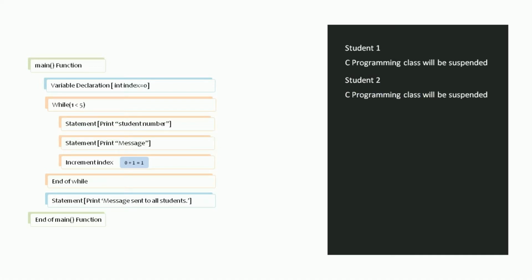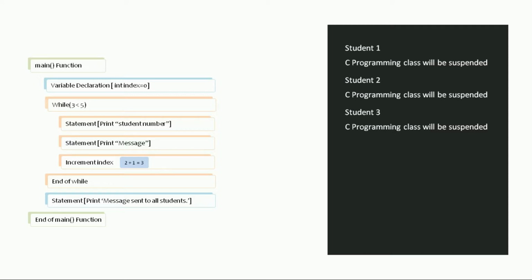Again, the index will be incremented by 1, so the new index is 2. Let's check the while condition. While 2 less than 5, the condition is true. The control gets inside and prints the statements. Again, increment the index by 1, that is, 2 plus 1 is equal to 3.